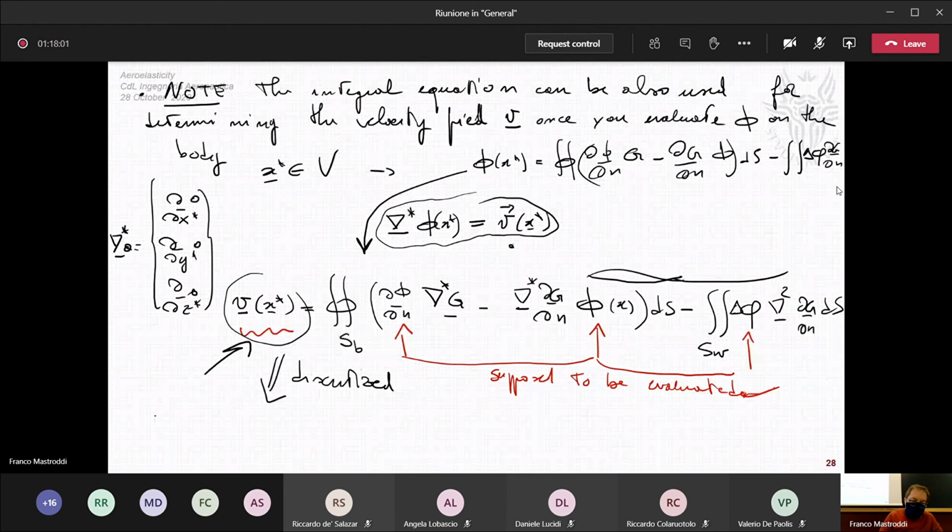We can represent the velocity v, vector velocity, in a point P. P is a point in the field, it is not an index, it is a point in the field. And this, as a function of time, is equal to, we can discretize directly this quantity, and we may obtain again a summation m from 1 to capital M of, again, this is the normal wash, so the same normal wash as before.